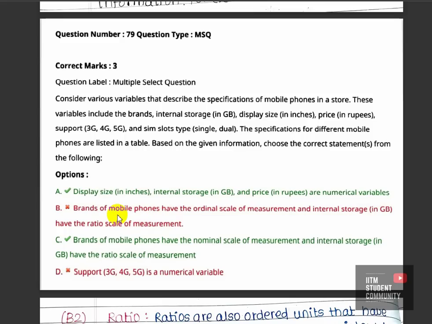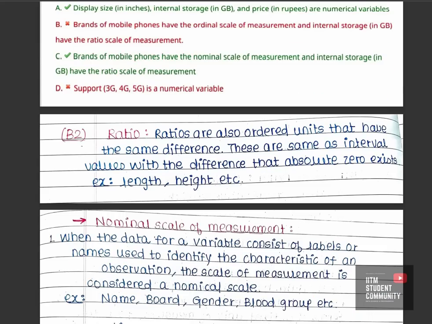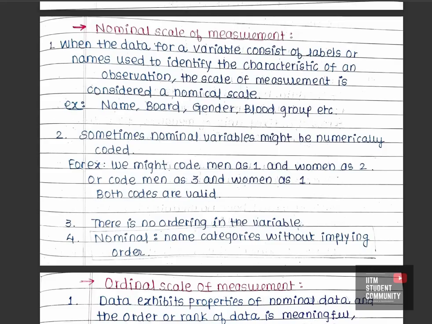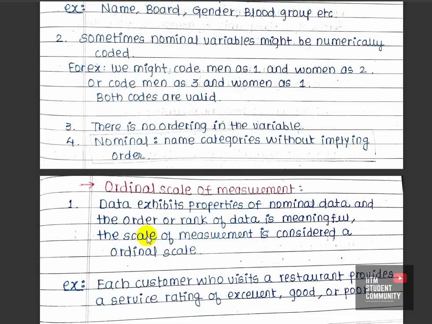Option B says brands of mobile phones have ordinal scale of measurement and internal storage have ratio measurement. First of all, we'll see what is an ordinal scale of measurement. The data exhibits properties of nominal data and the order or rank of data is meaningful. The scale of measurement is considered an ordinal scale.